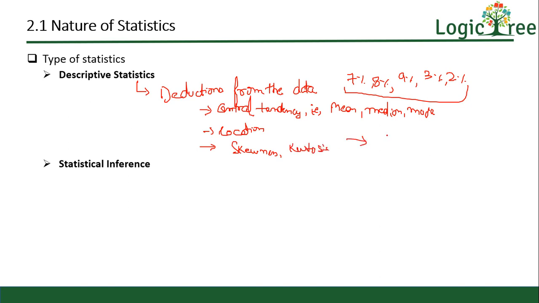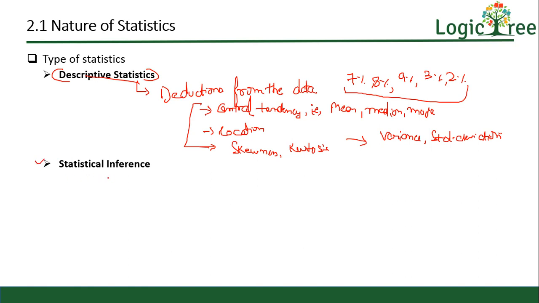And lastly we have the measures of dispersion, that is variance and standard deviation. All these things we will cover in this chapter. So primarily we are focusing on descriptive statistics in this chapter, and the later readings in the curriculum deal with statistical inference.